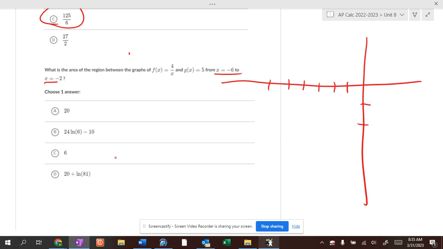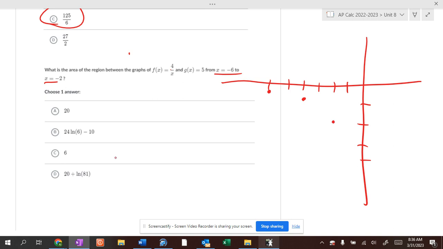So 1, 2, 3, 4. So we're at -2/3 at -6. We're at -1 at -4. I know that. At -2, 4 over -2 is -2.